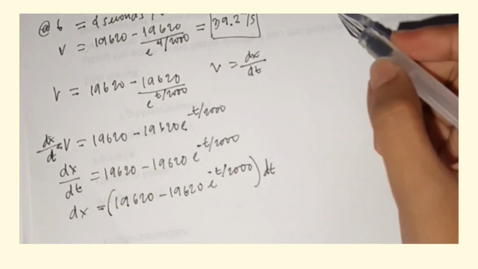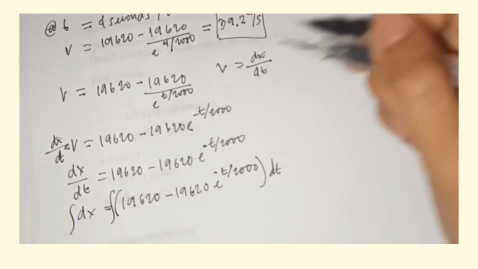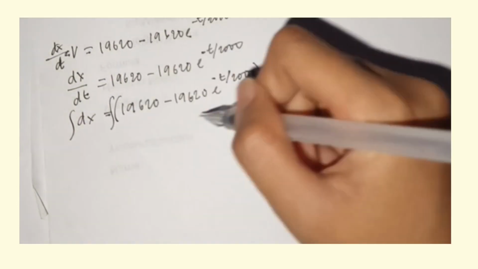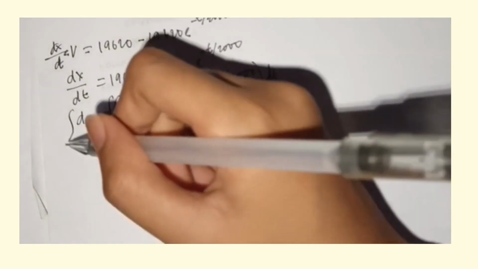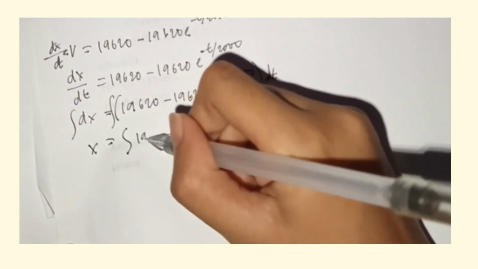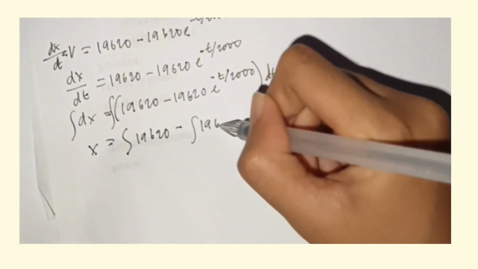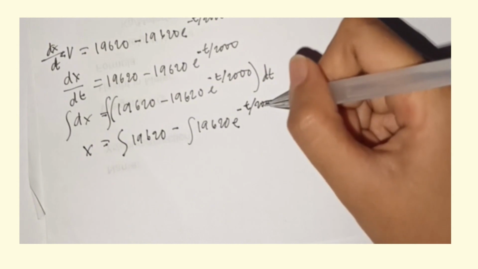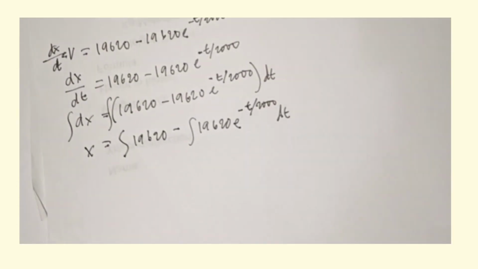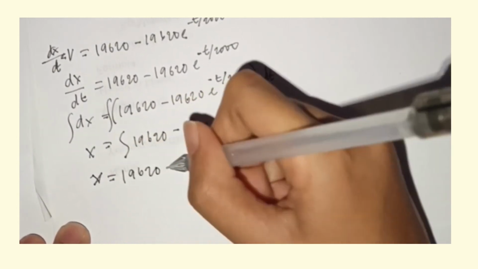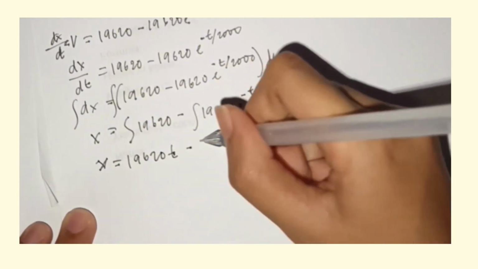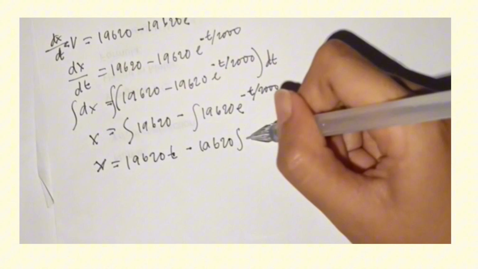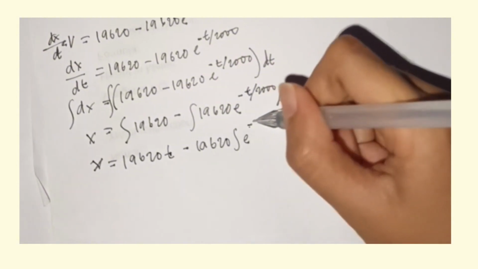We are going to integrate both sides, so we should get the distance. We're going to integrate this with respect to t. So x equals 19620 minus the integral of 19620 e raised to negative t over 2000 dt. Upon integrating, x equals 19620 times t minus 19620 times the integral of e raised to negative t over 2000.